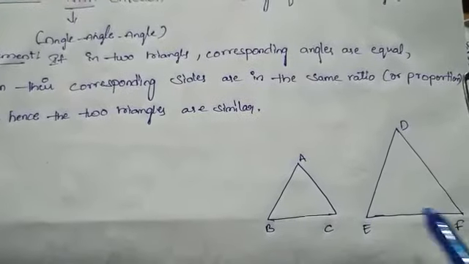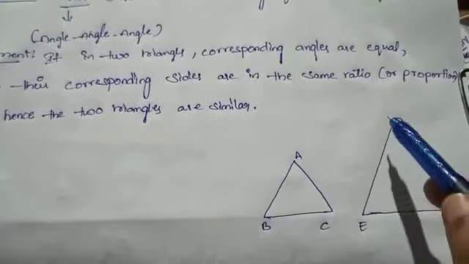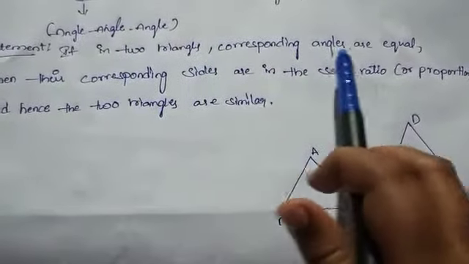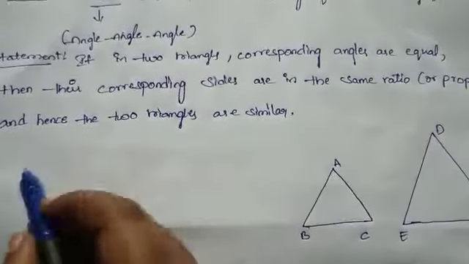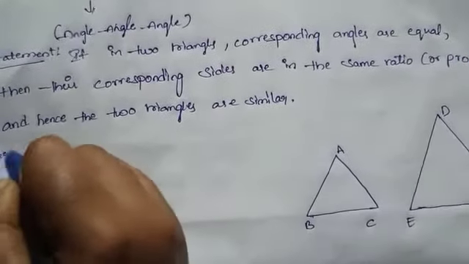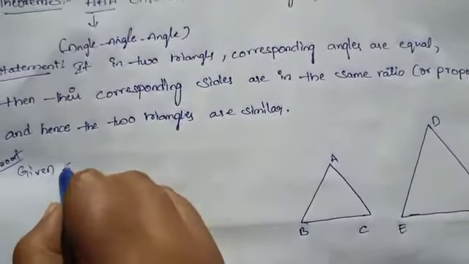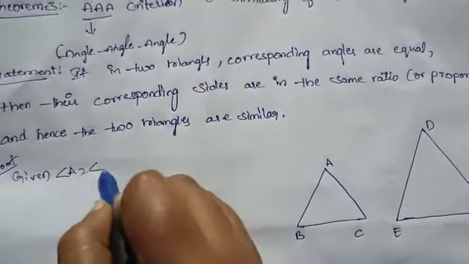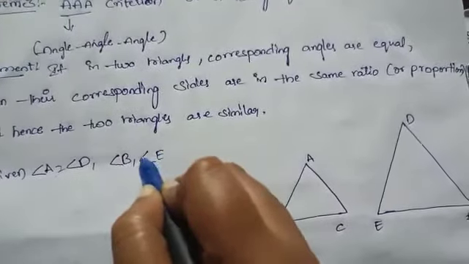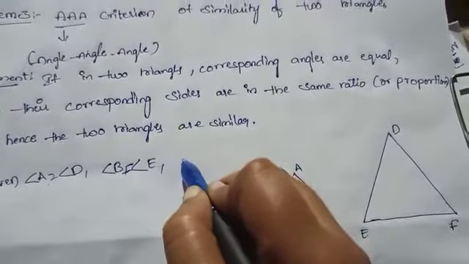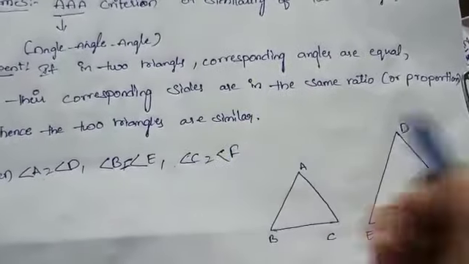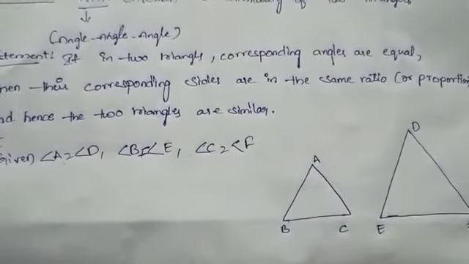See these two triangles, triangle ABC and triangle DEF. Given: angle A equals angle D, angle B equals angle E, and angle C equals angle F. Corresponding angles are equal.